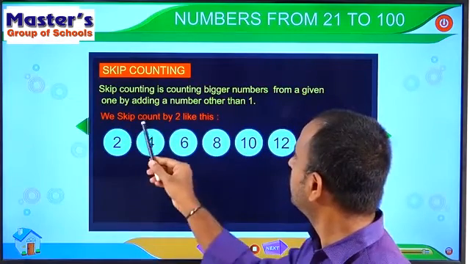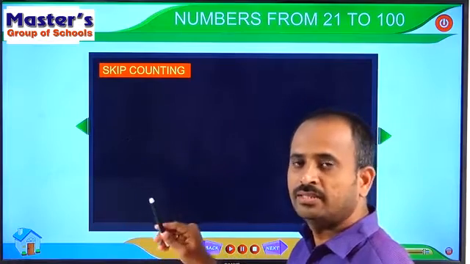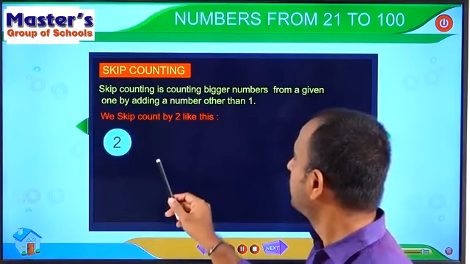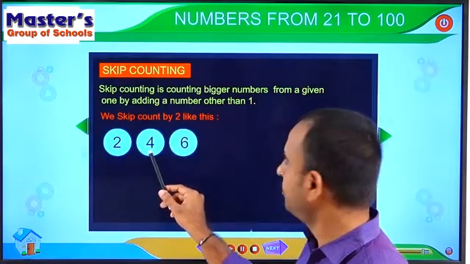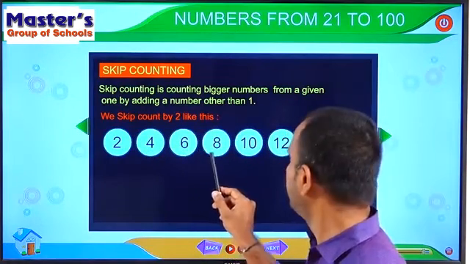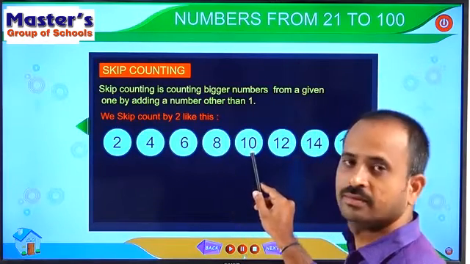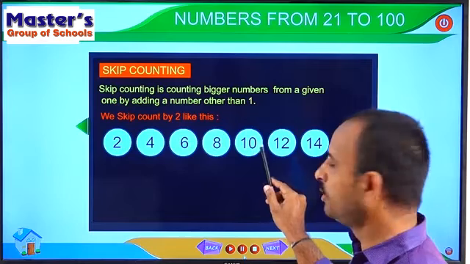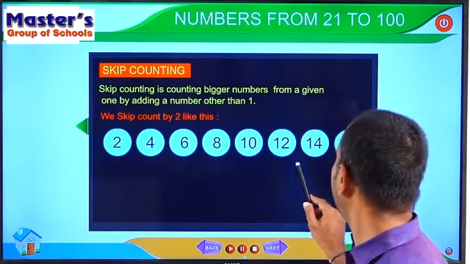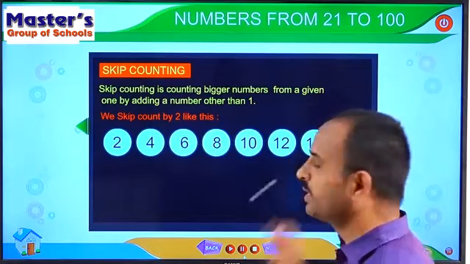In skip counting, the first number is 2, the given number is 2, and we just add 2. We will get 4, and adding 2 to 4, we will get 6, and adding 2 to the 6, we will get 8, and adding 2 to the 8, we will get 10, and adding 2 to the 10, we will get 12, and adding 2 to the 12, we will get 14, and adding 2 to the 14, we will get 16.